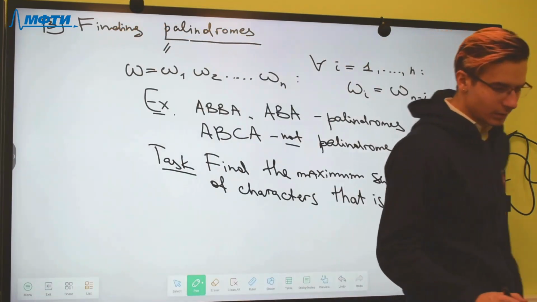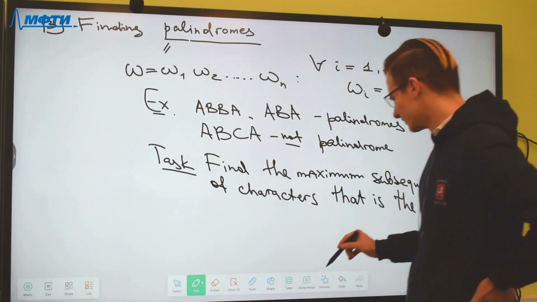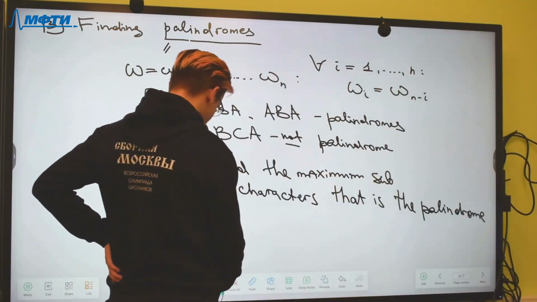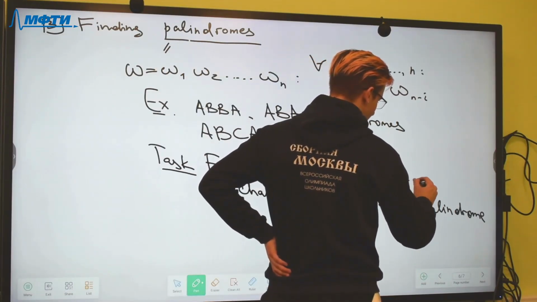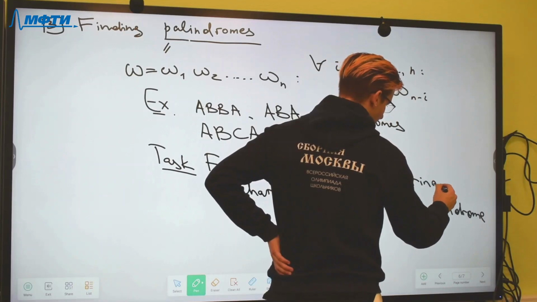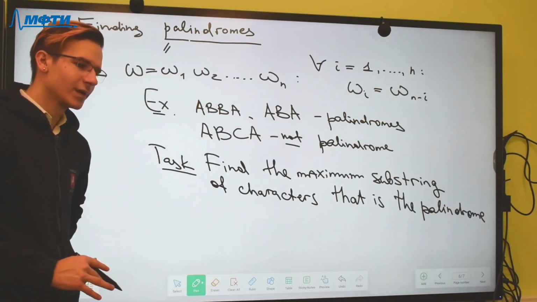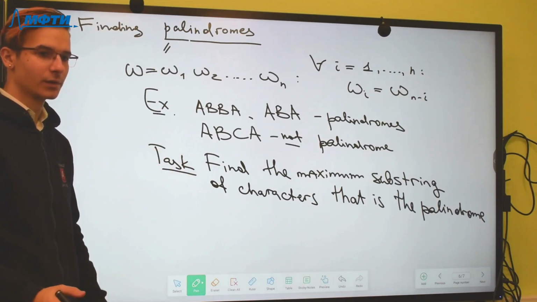And here I erase it. Substring, I think, is more useful in this case because it means that the palindrome will be a continuous part of the word.